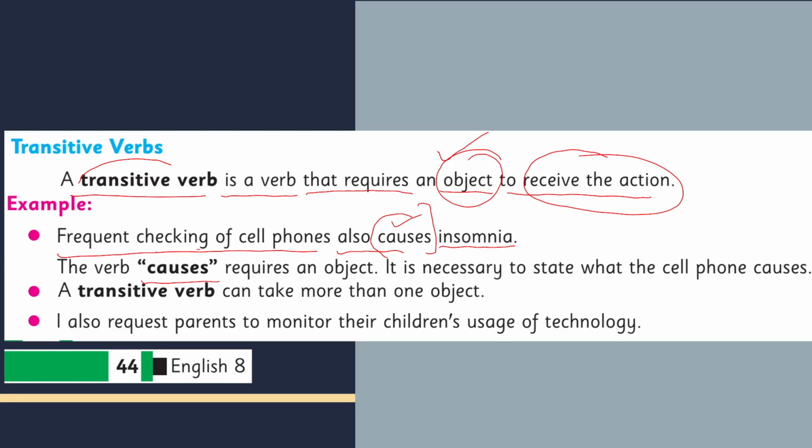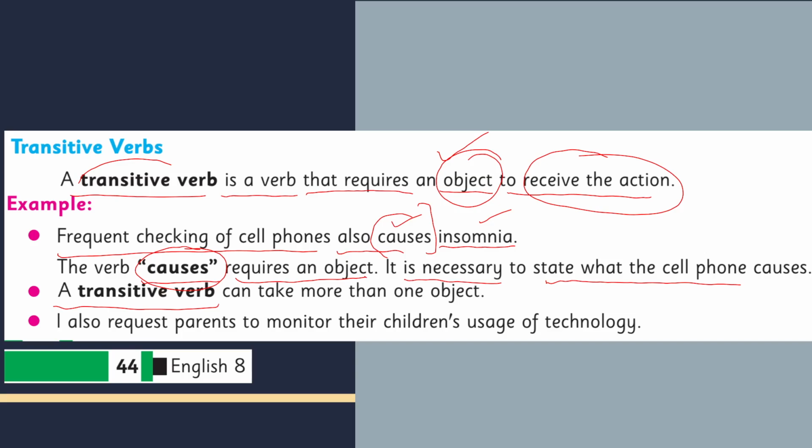So the verb causes over here, it requires an object. It is necessary to state what the cell phone causes, and we know it causes insomnia, which means the inability to sleep or having a disturbed sleeping routine.